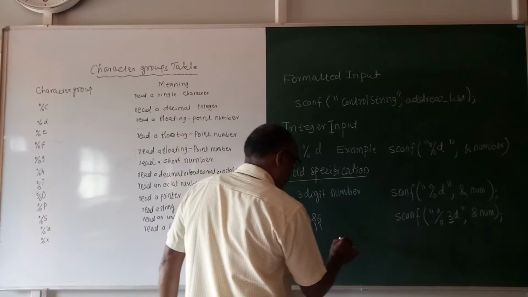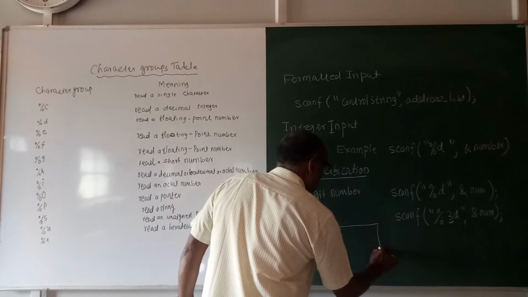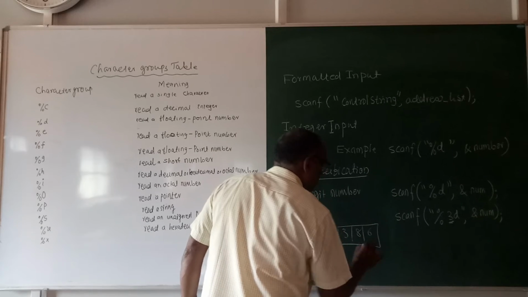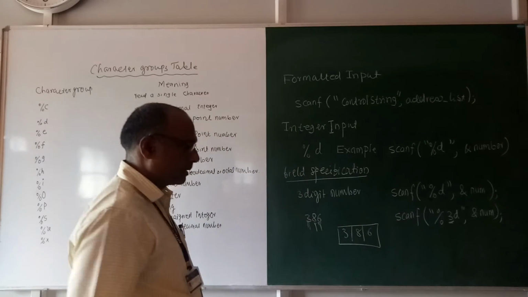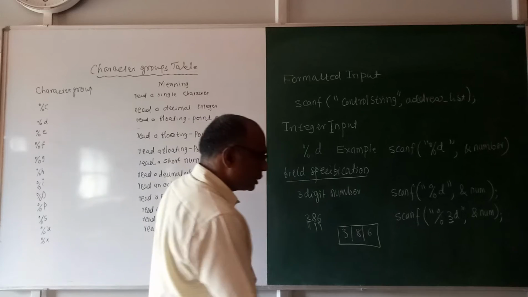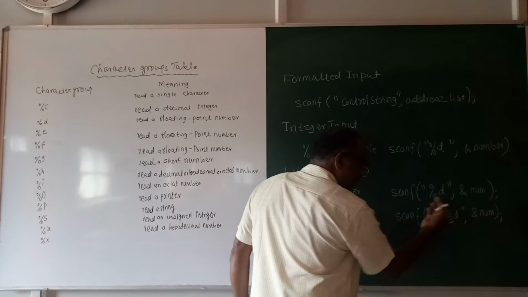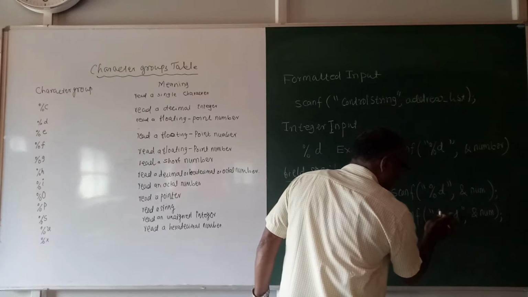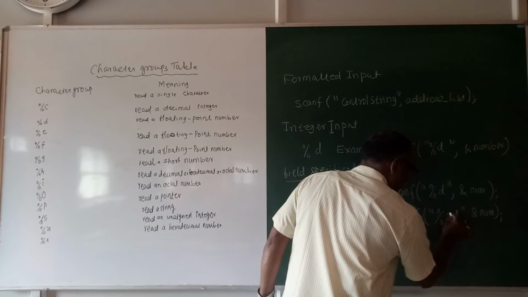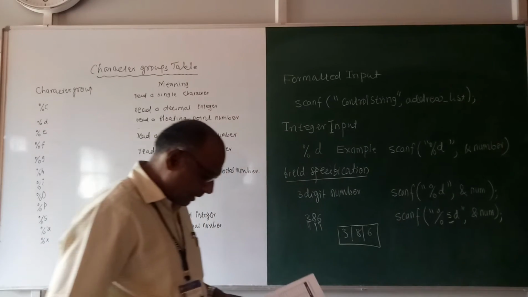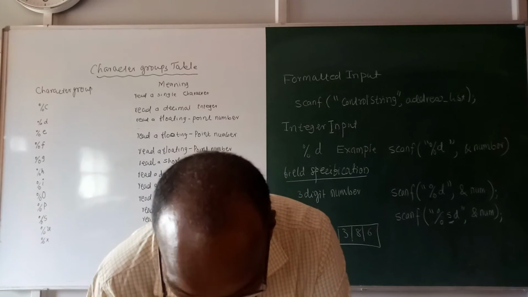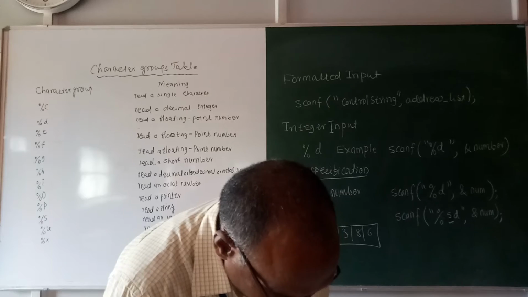I'll write this number here in 3 columns, say 8 and 6. 3d. Suppose this number is 5 digits. So here I will replace this with 5d.